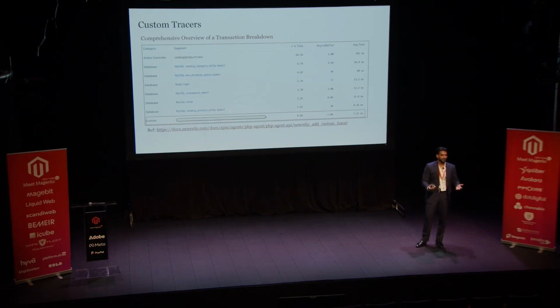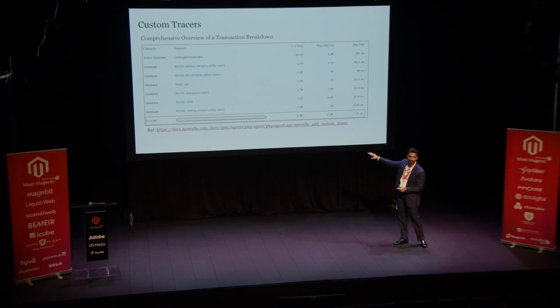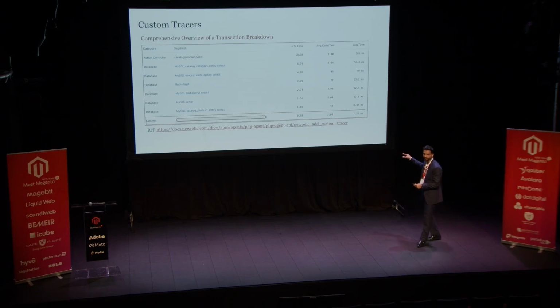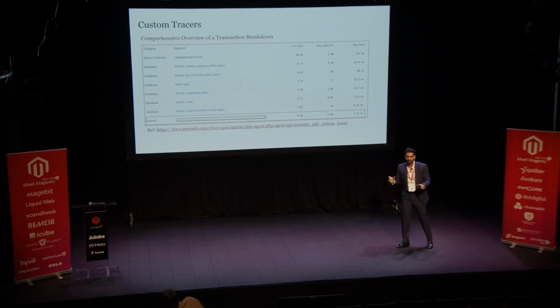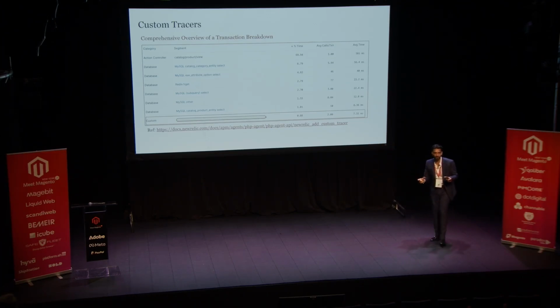If you have the New Relic agent enabled, you can use one line of code that would log that particular request in New Relic, and you would be able to see how much time it is taking. That's very beneficial when you know your product page is not performing well, but you are unsure how the components are performing on their own.